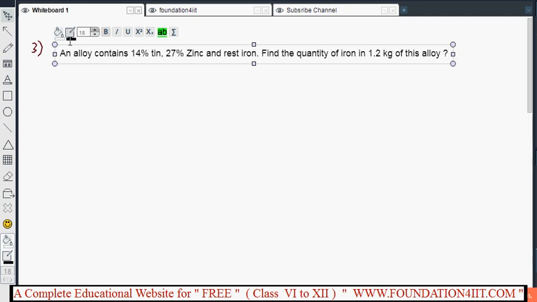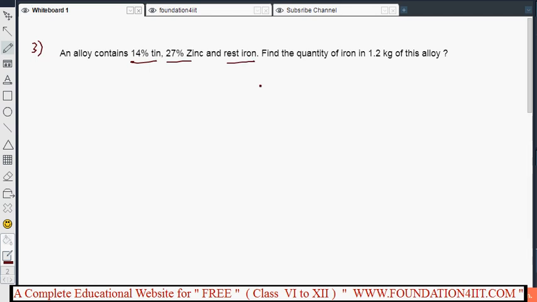So different things, percentages are given. Now we need to find out the quantity of the iron. Okay, if you observe, 14% is tin, 27% is zinc, and rest of the percentage is iron. Quantity of iron in 1.2 kg we should find out.